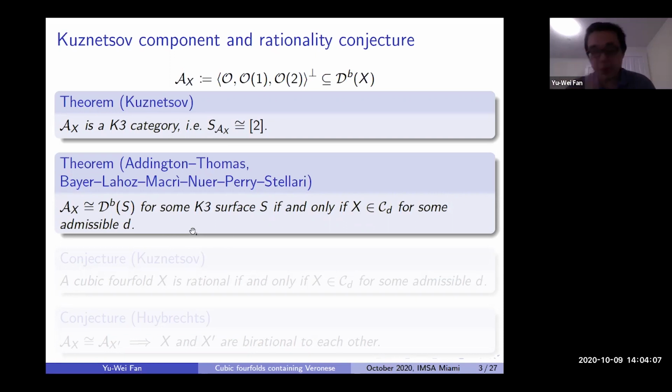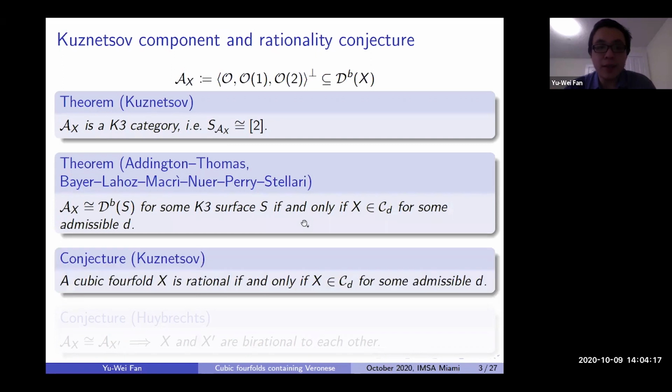This is proved by Addington and Thomas in the generic case and proved by a sixth author's paper in general. It is also conjectured by Kuznetsov that a cubic fourfold is rational if and only if it has an associated K3 surface.